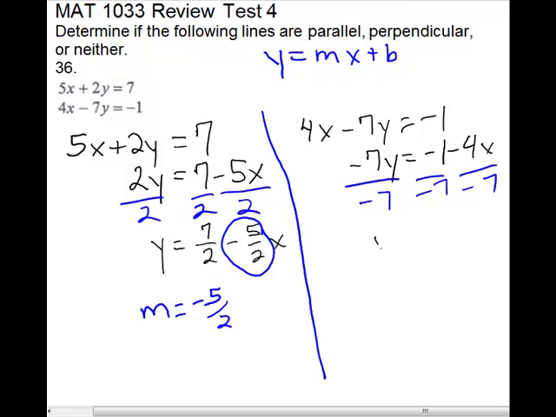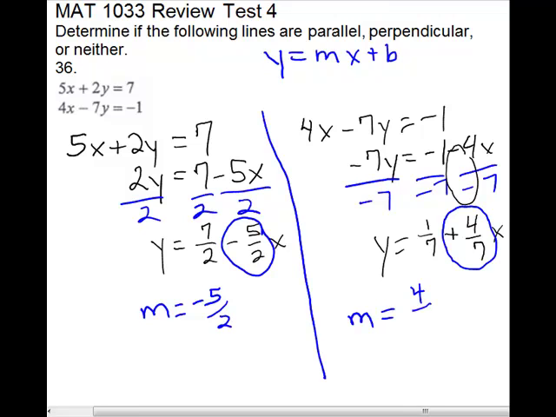This will give us a positive 1/7. And here you have two negatives. That will give you a positive 4 over 7x. And now we can pick off our slope. These slopes are not the same. They are also not negative reciprocals, so this one is neither.